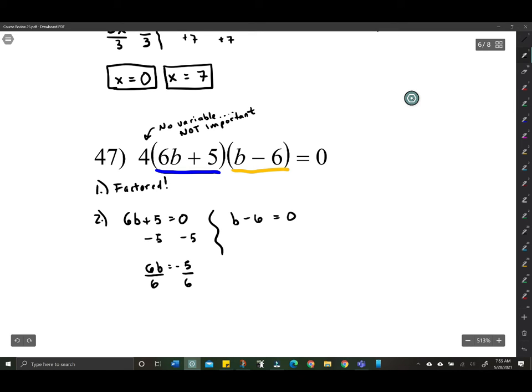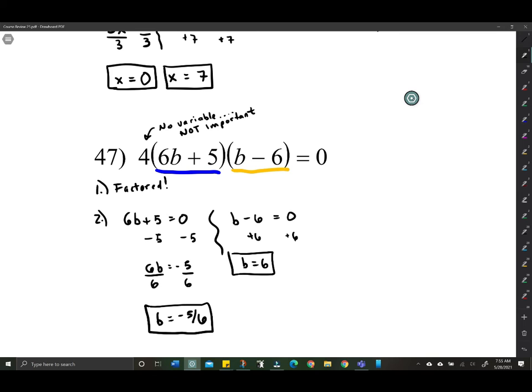Don't panic. b is just simply negative 5/6. For the other equation, you add 6 to each side, and b is equal to 6. So those are the two solutions. Again, if there's not a variable, it's not a factor. So step 3 is actually solving.